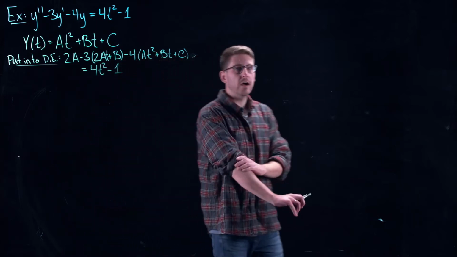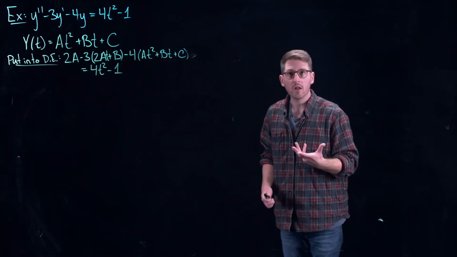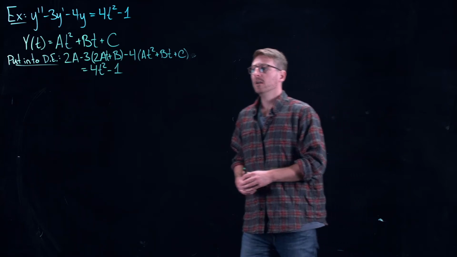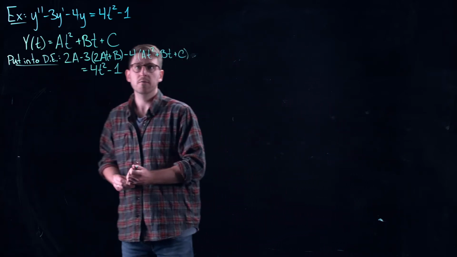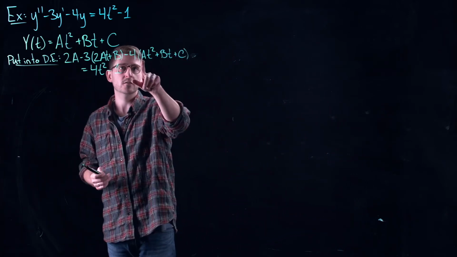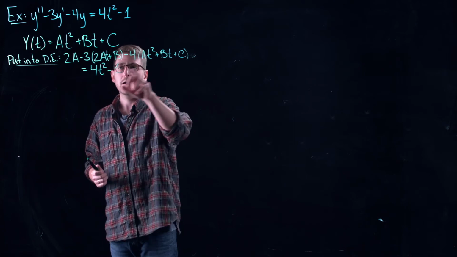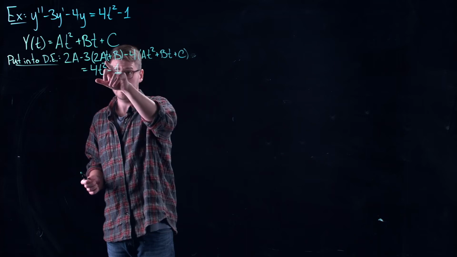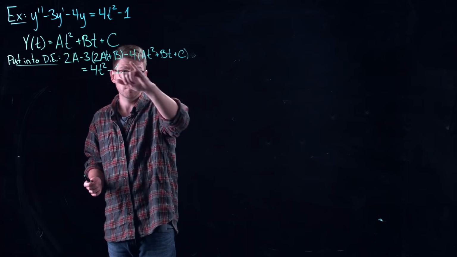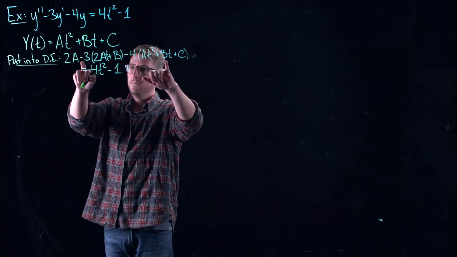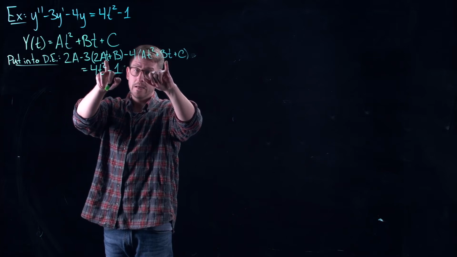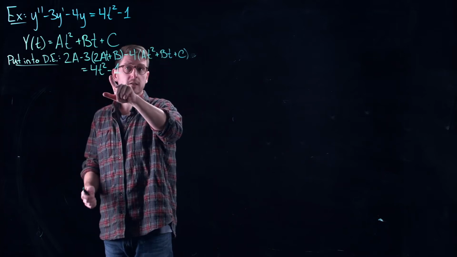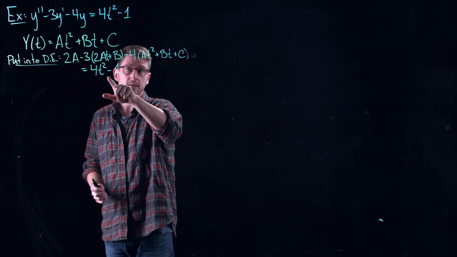Now you can see that you have enough variables to do all of the matching, right? You're going to take the pieces that are in front of the t squared, so in this case it's only minus 4a, and you're going to match it with the t squared on this side. Similarly, you're going to take all of the t terms, so bt, minus 4bt, and minus 6at. You're going to set that equal to 0 because there's no t's on this side.